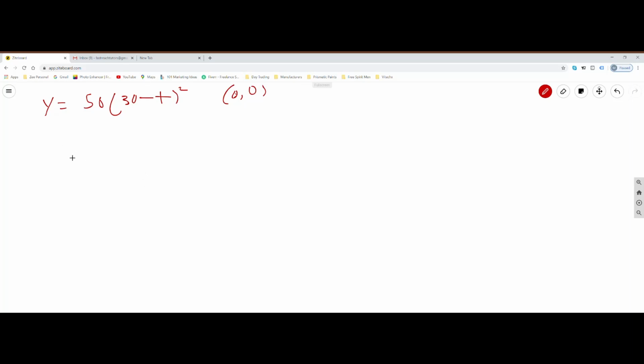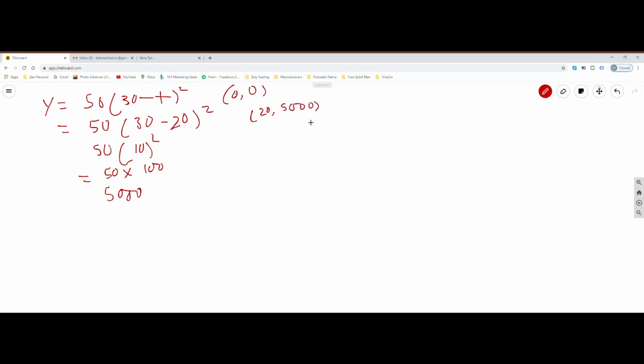So if you put 20 in here, 50 times 10 squared, so you have 50 times 100, you have 5,000. So you have the points 20 and 5,000. So find the difference.